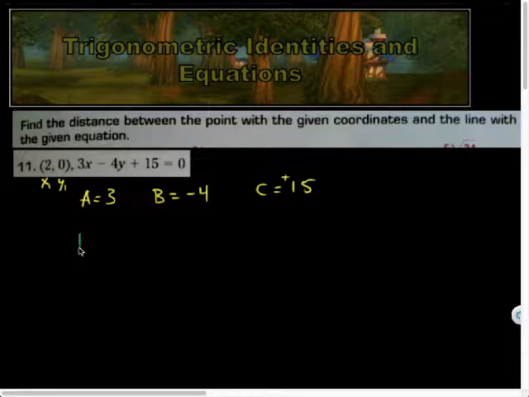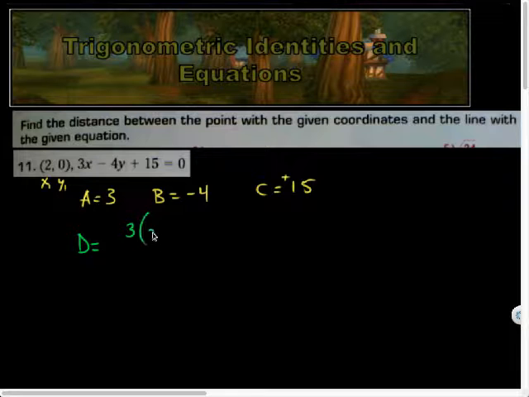So the distance from this point to that line, I could actually go through the process of converting this to normal form and then merely plugging in 2 and 0 for the x and y. And whatever that equation equals would be the distance.